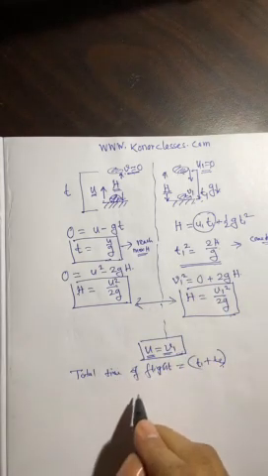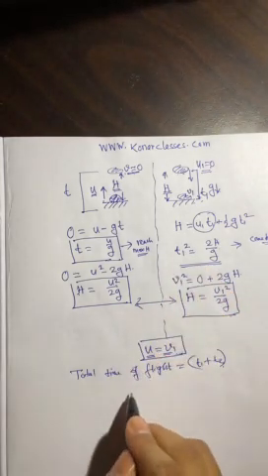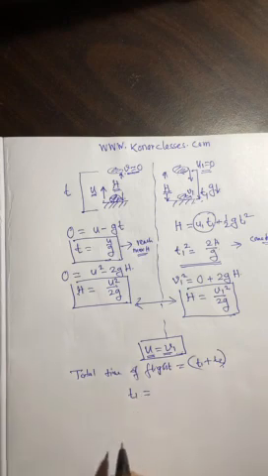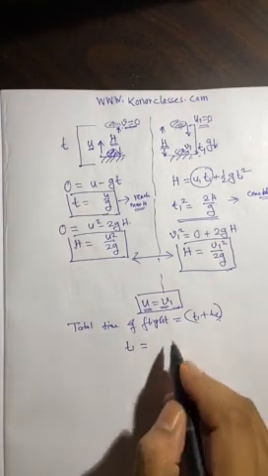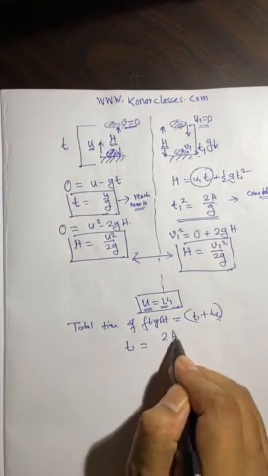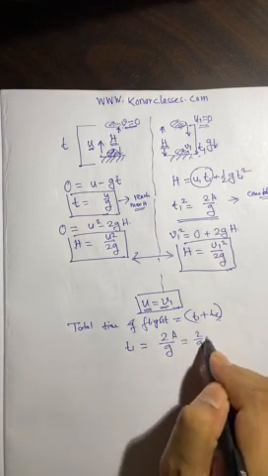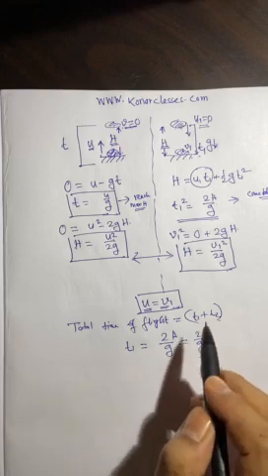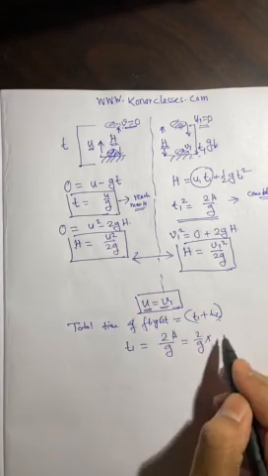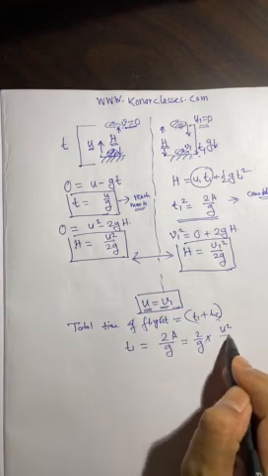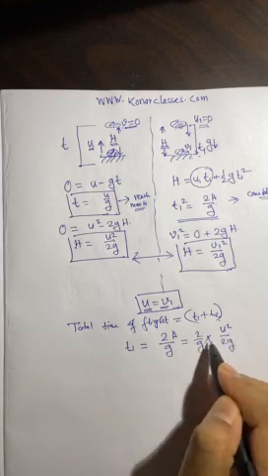Now let's see the value of t1. t1 square equals 2h by g, so it is 2 by g into, putting the value of h, u square by 2g.